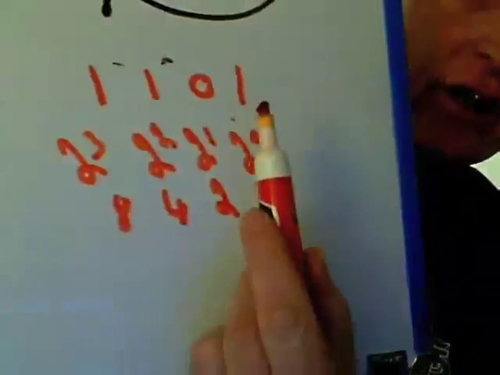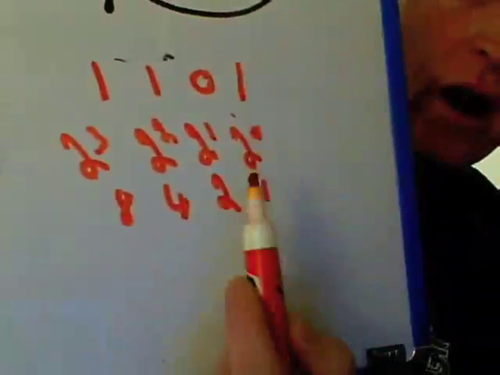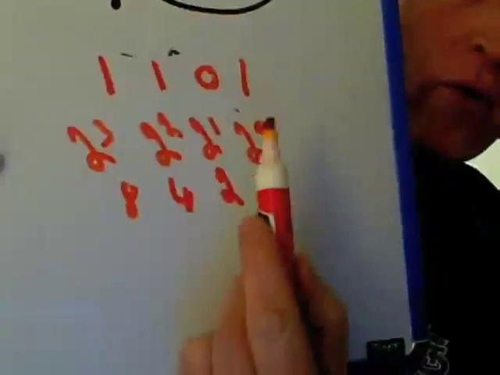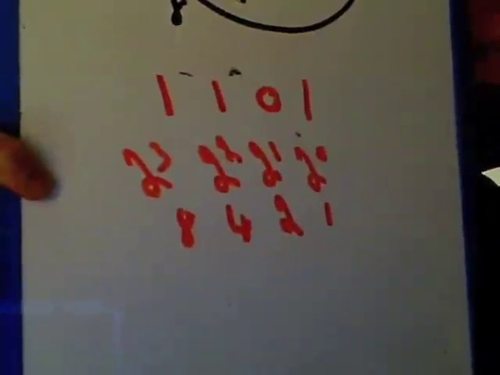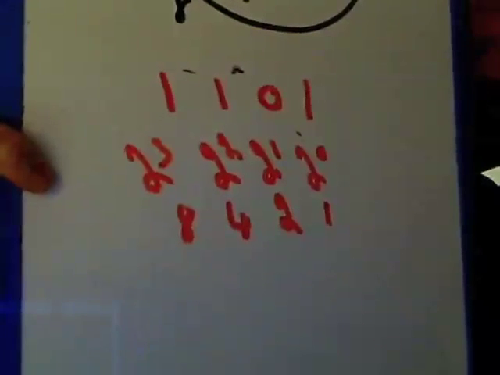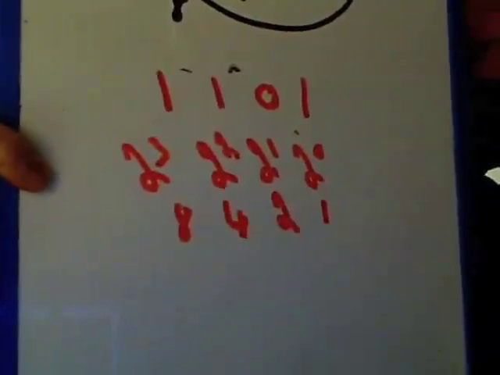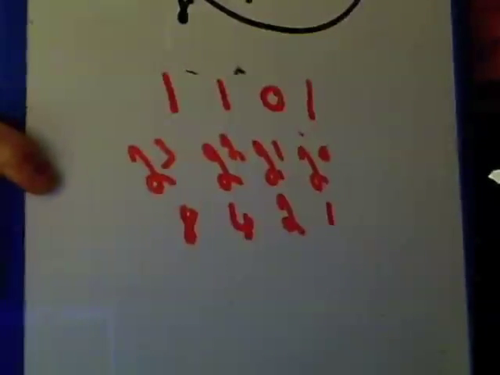And 2 cubed is 8. Here's what it means. We have 1 1, and we have 0 2s, we have 1 4, we have 1 8. That value is an 8, a 4, a 12, and a 1, a 13 added together.